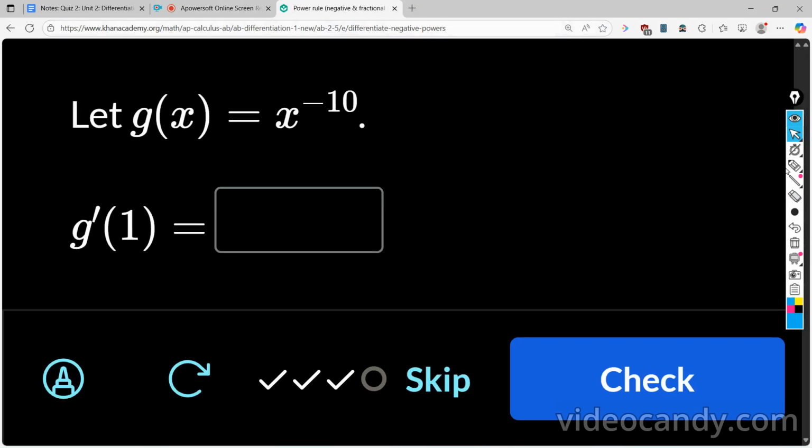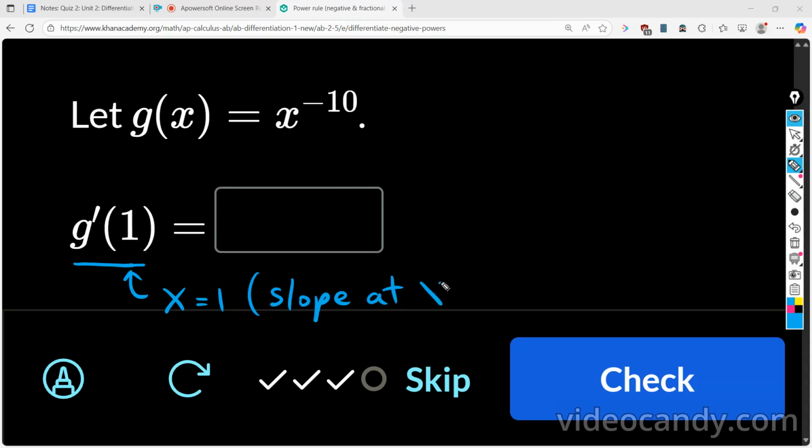Here they want us to find g prime of 1. So we have to find the derivative first, and then plug in x equals 1. What this basically means is the slope at x equals 1. But we need the slope function first, g prime of x. We have x to the negative 10.